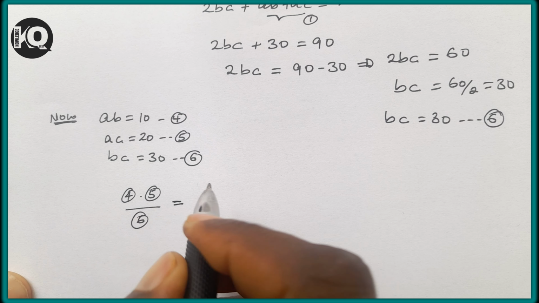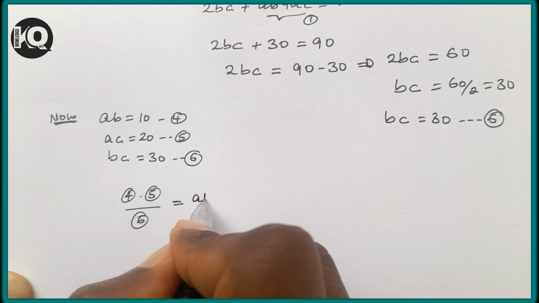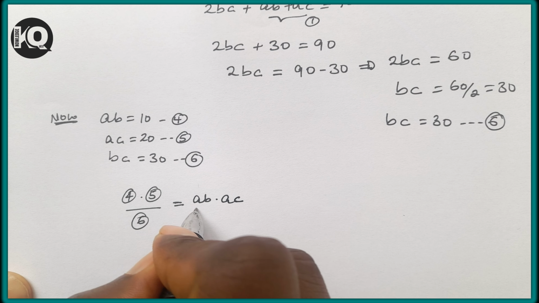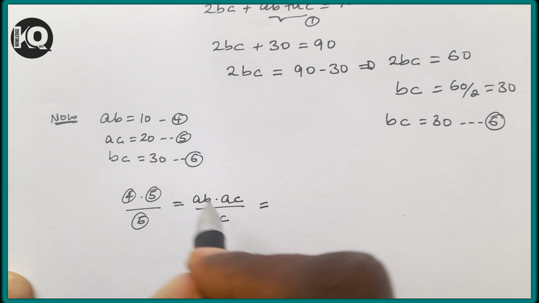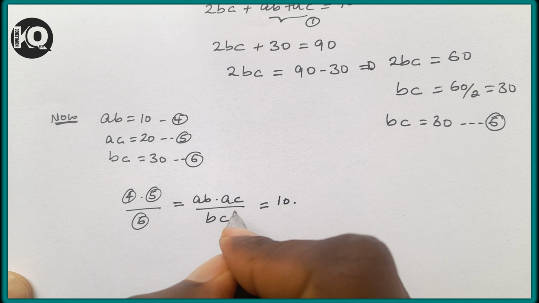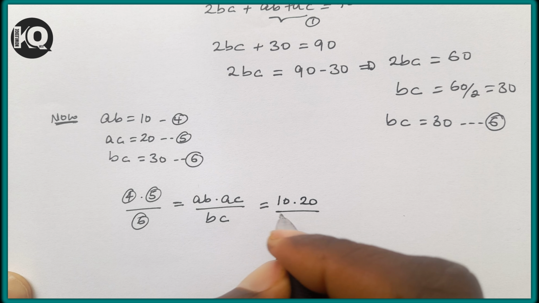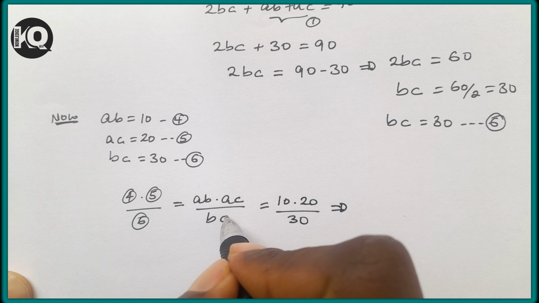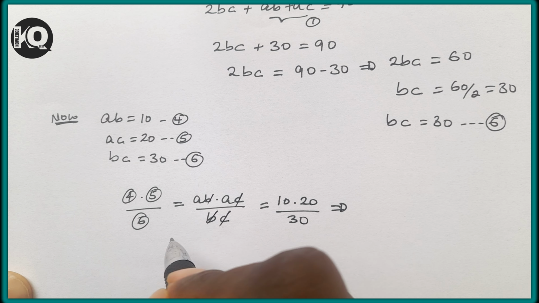That is ab times ac divided by bc, which is 10 times 20 divided by 30. Here ac is cancelled and b is also cancelled.